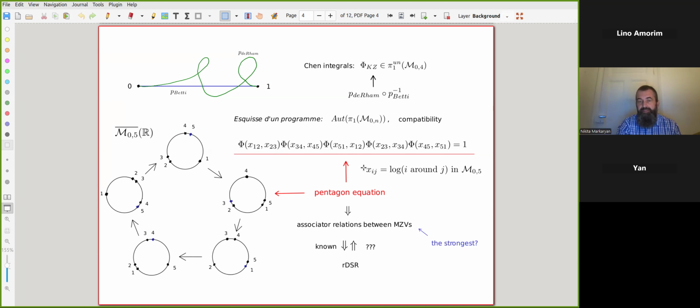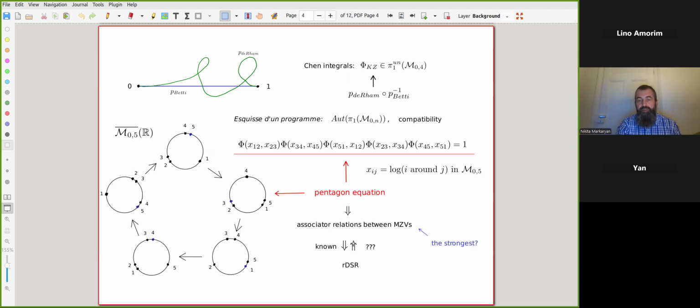In fact, yeah. But anyway, this is the pentagon equation, and many people believe that this is the strongest set of equations. So this is essentially the idea of Grothendieck, more or less: that all relations between MZVs are given by the pentagon equation. In particular, it means that they imply the double shuffle relations.